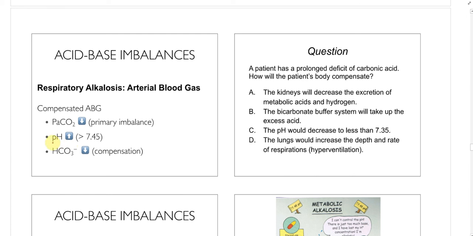The pH, when it's compensated, is going to be normal, maybe right at 7.45, because the body's not going to overcorrect. It's going to do just the bare minimum it has to. And then bicarbonate will be low because we're trying to get rid of it, compensating for this respiratory alkalosis.